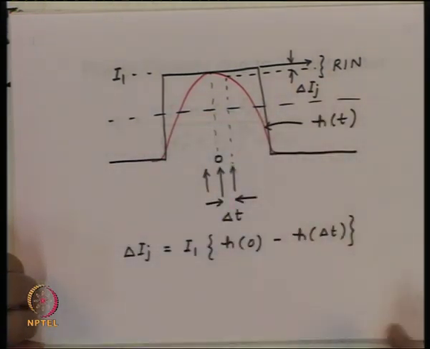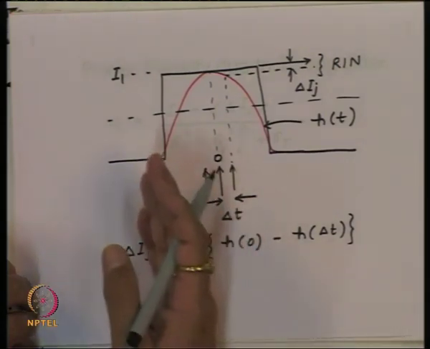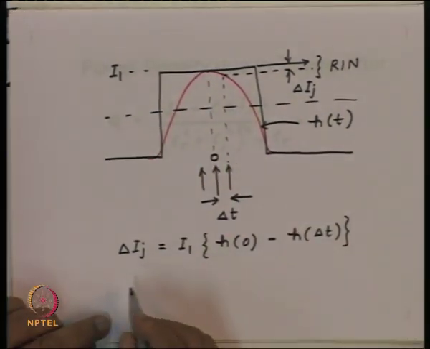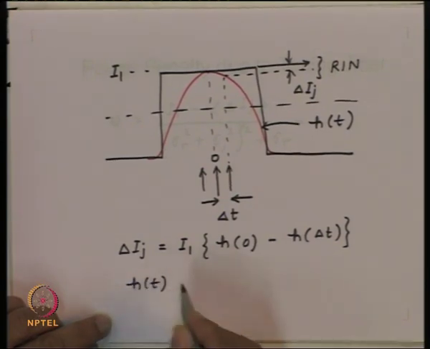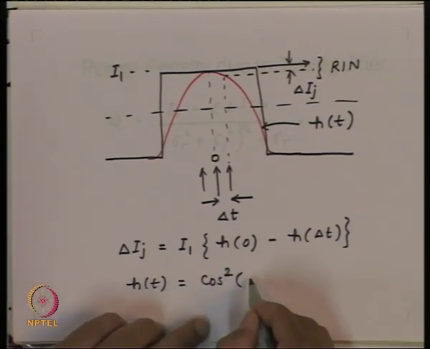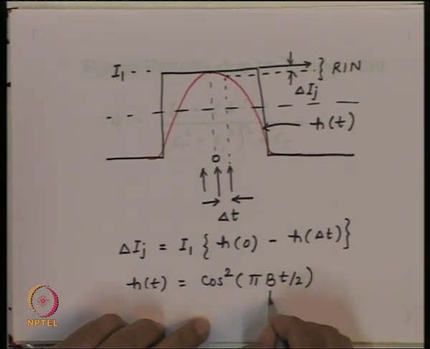Now, we can choose different pulse shapes. The pulse shape could be cosine square, and generally for the reduction of the intersymbol interference, we use this pulse shape. So, let us say I use the cosine square function. We get h of t is cos square of pi b t by 2, where b is the bit rate.